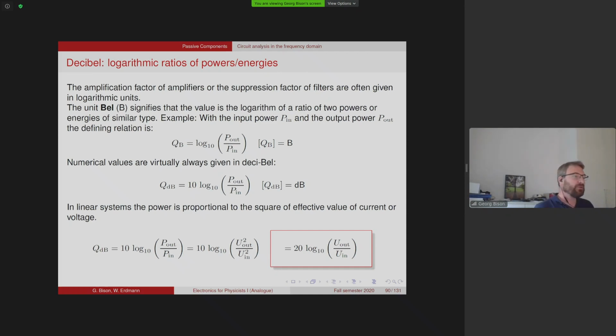Now, numerical values are almost always given in decibels, like a decimeter. This is simply a tenth of a bel. So in order to get the numerical value, we have to multiply with 10. And in this case, the unit of this quantity is decibel, dB.